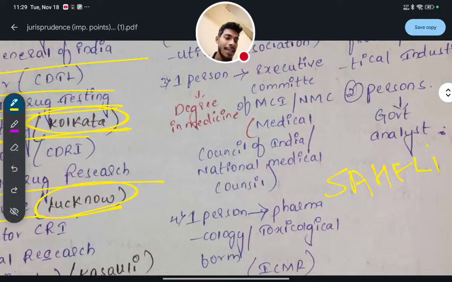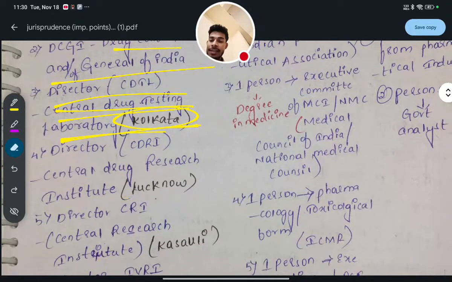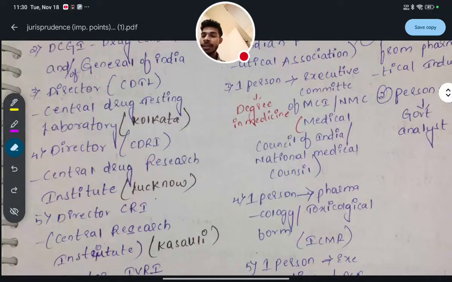Saheli is a contraceptive, which was prepared in CDRI Lucknow. So Lucknow is related to Saheli.